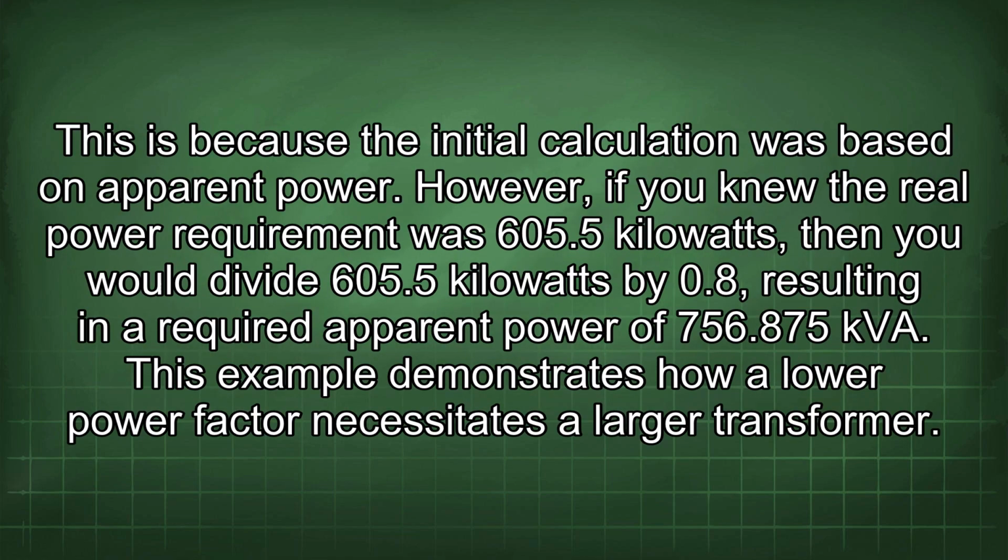This is because the initial calculation was based on apparent power. However, if you knew the real power requirement was 605.5 kilowatts, then you would divide 605.5 kilowatts by 0.8, resulting in a required apparent power of 756.875 kVA. This example demonstrates how a lower power factor necessitates a larger transformer.